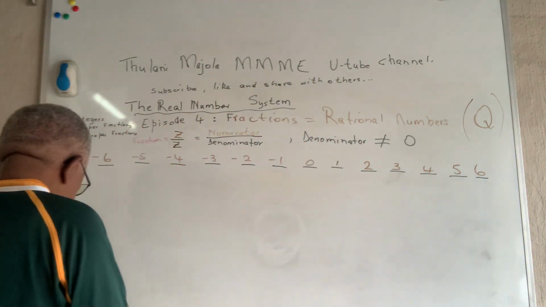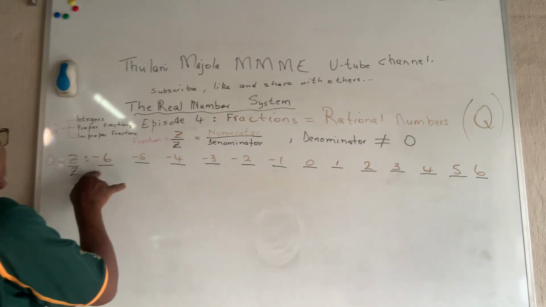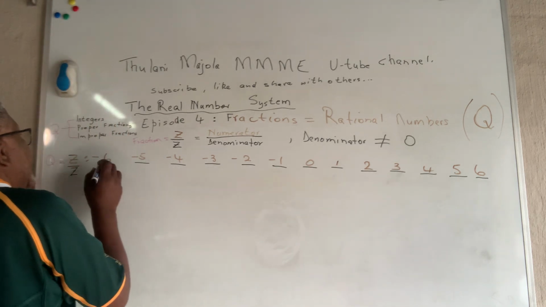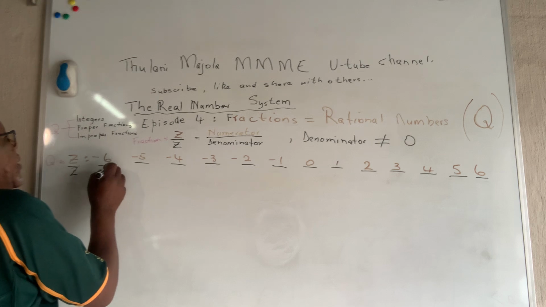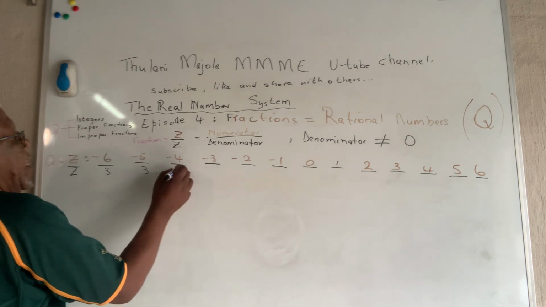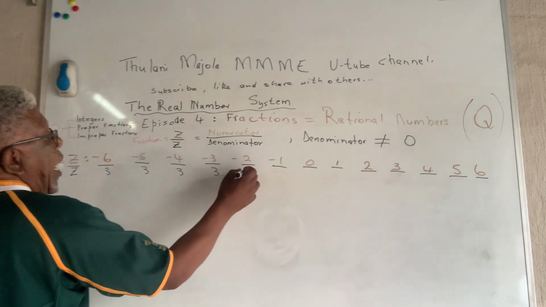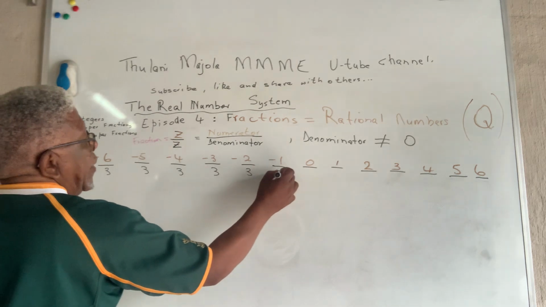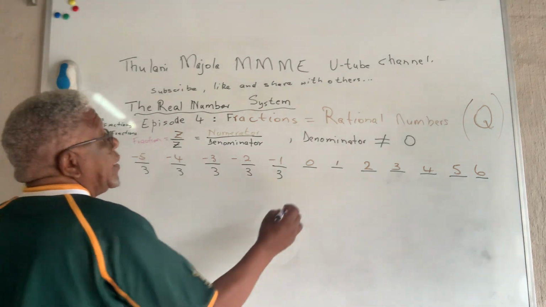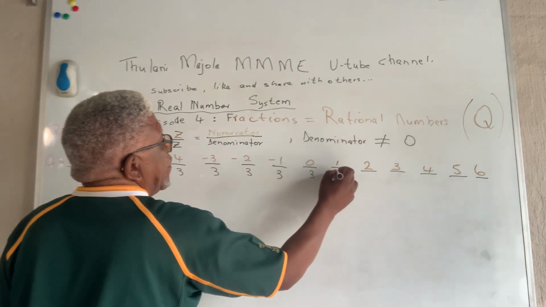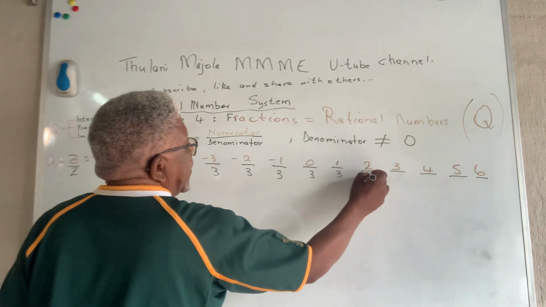So I'll choose another integer here for the denominator, and choose a 3, just to illustrate how the rational numbers or how the fractions come about.